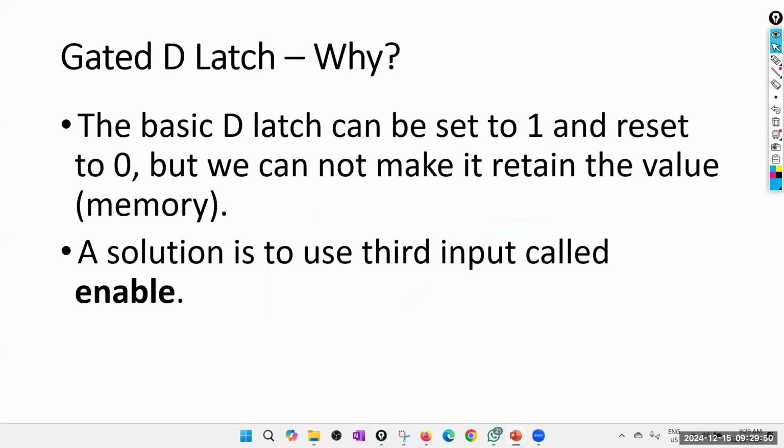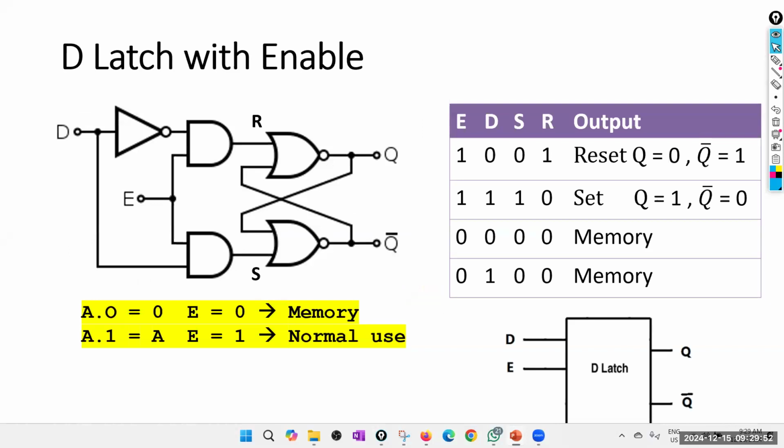Okay, so that is where we can make an improved version of D latch using the enable. Same concept, nothing new. Just use the two AND gates and use the enable. Right, and when enable is 0, it is memory. Right. When enable is 1, it behaves like a normal D latch.